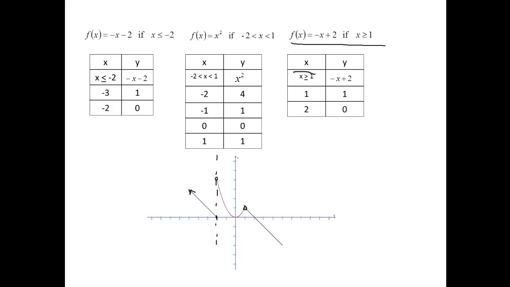Because where x is greater than or equal to 1, y is -x plus 2, and the actual function value at x equals 1 is 1 there. So we would fill in that dot because it joins up with this part of the function. And again, we have an arrowhead here.